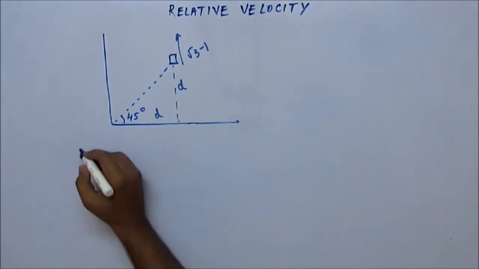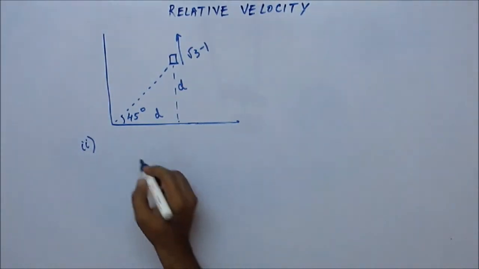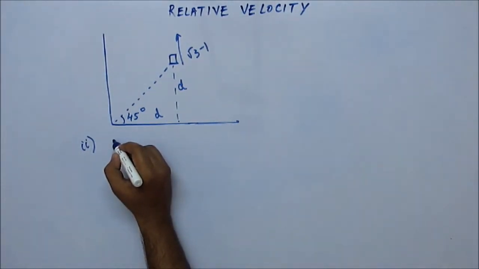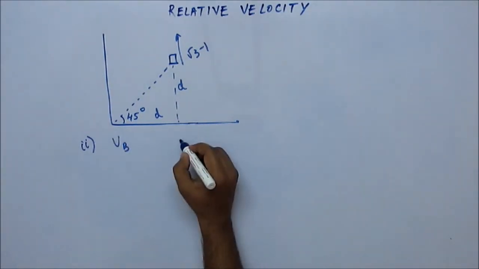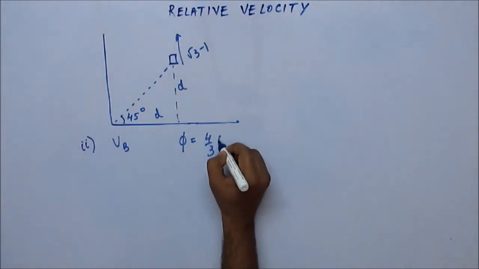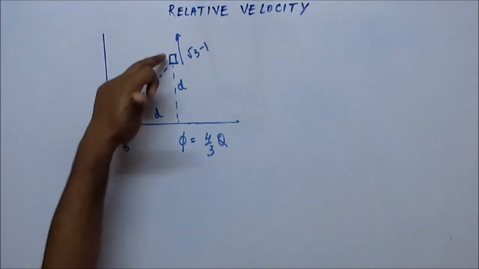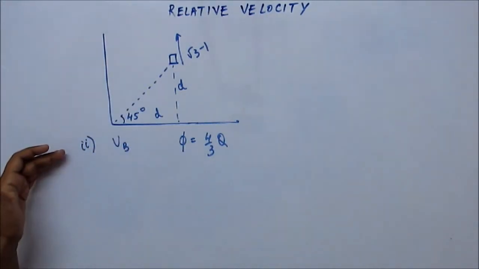Second part of the problem actually asks you to find the velocity of the ball with respect to ground if it grants you that phi is 4 by 3 theta. Theta is the angle of the velocity vector of the ball with x-axis from the trolley reference frame as was given in the previous part.